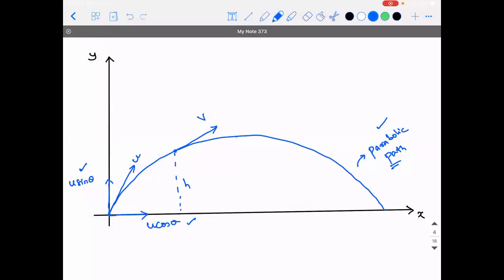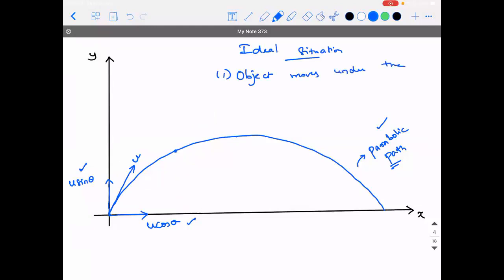This v can be found using a certain formula. Shall we proceed? Here we are considering an idealistic situation. Under ideal situation, the first point is the object moves under the influence of gravity. Gravity means force. Acceleration due to gravity is 9.81.